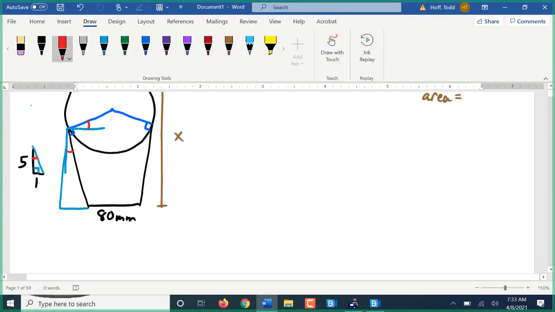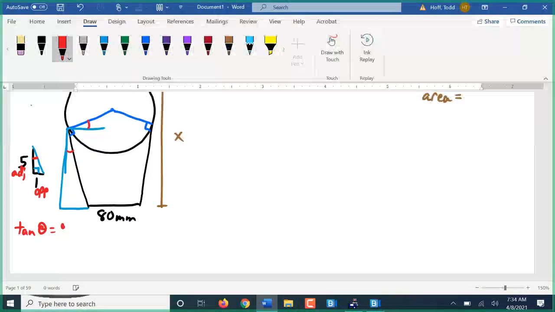That angle is going to be found using a tangent. The 5 is the adjacent side, and the 1 is the opposite side. I write up my definition of tangent. Tangent of theta is opposite over adjacent. The tangent of that angle is 1/5.